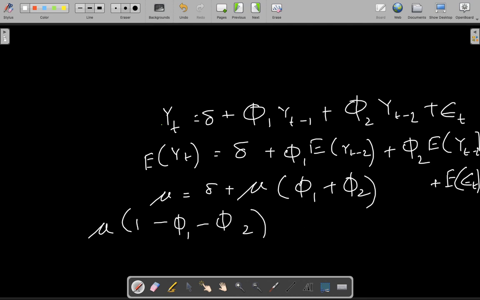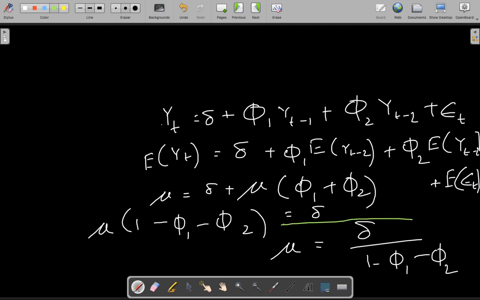So that means my value of mu is nothing but delta divided by (1 minus phi 1 minus phi 2). Given this equation, I cannot have phi 1 plus phi 2 equal to 1, so the same condition we just explained has to be satisfied here as well.